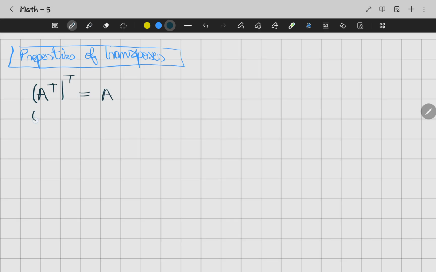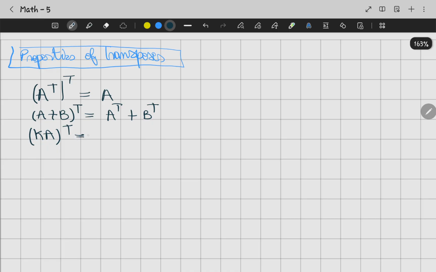Now let's see if we add, for example, A plus B transpose, this will give us A transpose plus B transpose. Now we got ourselves this one. K is a constant, so we're not going to apply the transposition to it, so we're going to end up with this form.